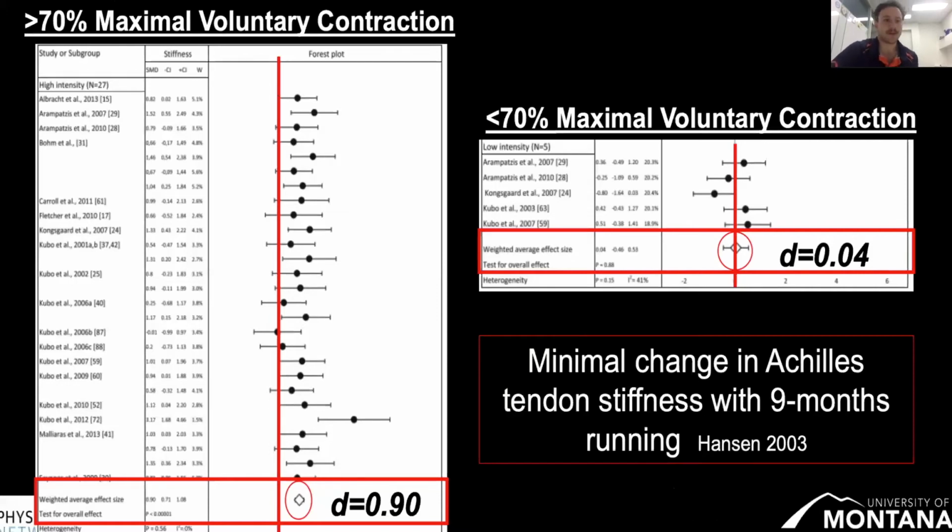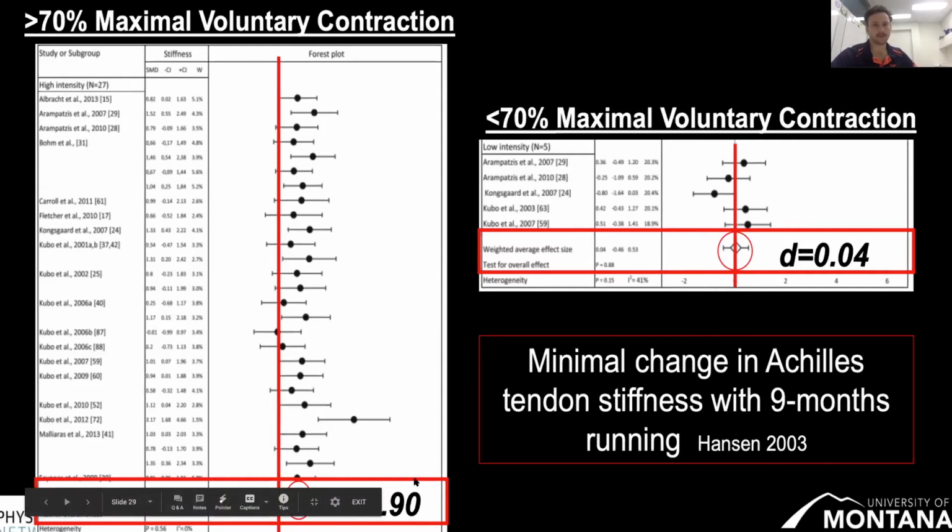So a couple of different studies over here. These are looking at calf raises, and these groups of studies are looking at those doing calf raises above 70% of max voluntary contraction. You can see a big effect size of 0.9 in favour of heavy calf raises.